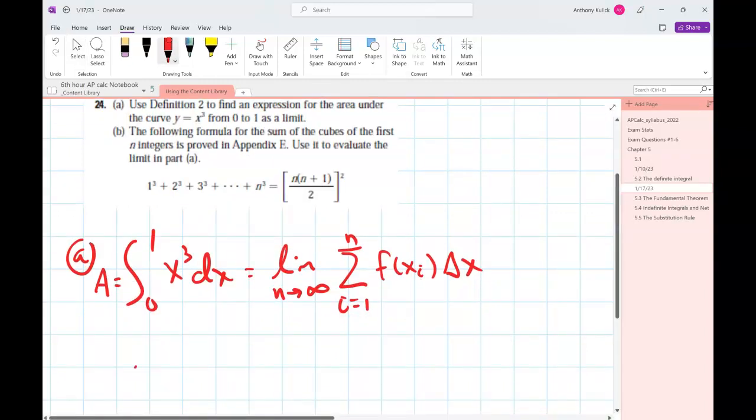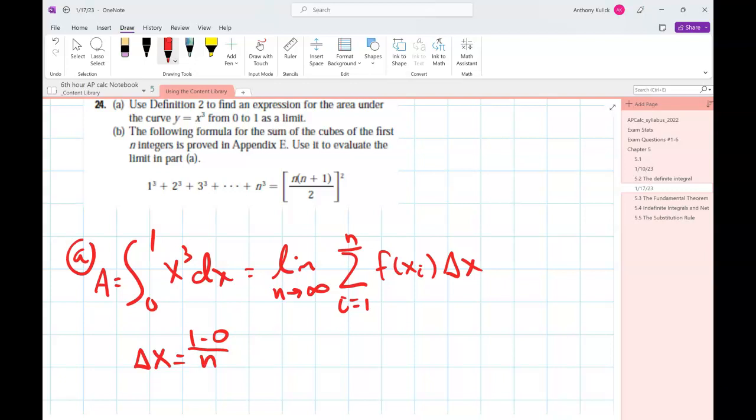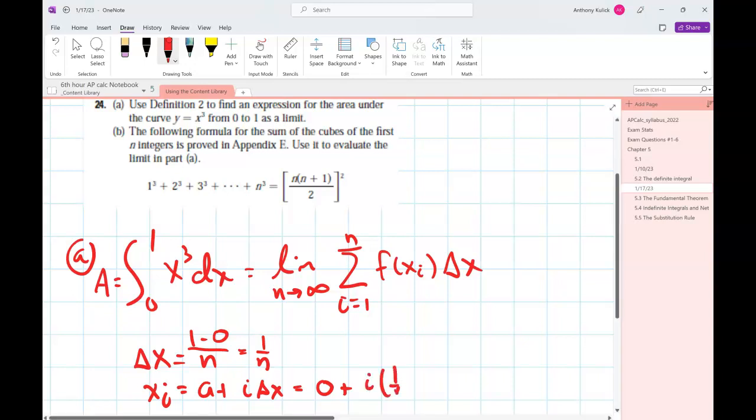So I need to compute then delta x, which is b minus a, divided by the number of subdivisions, which is n. And I need x sub i, which is a plus i delta x. So a was 0 plus i times 1 over n.